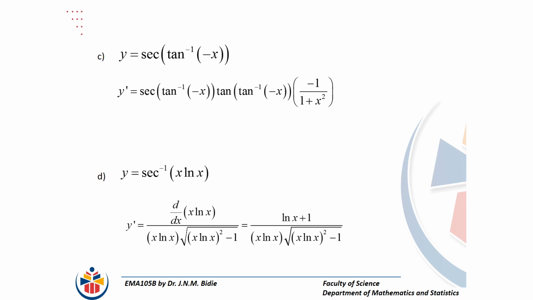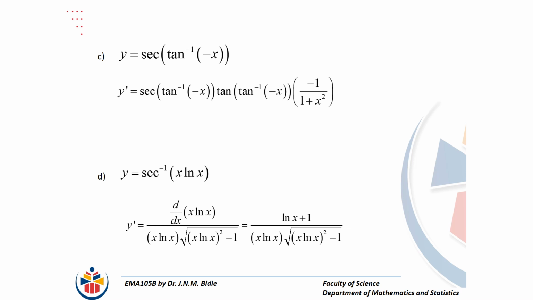We are given arcsec of x ln x. According to our tables, we have to have the derivative of the argument of arcsec in the numerator divided by the derivative of arcsec. Now, okay, the derivative of arcsec is the argument x ln x multiplied by the square root of the argument squared minus 1.